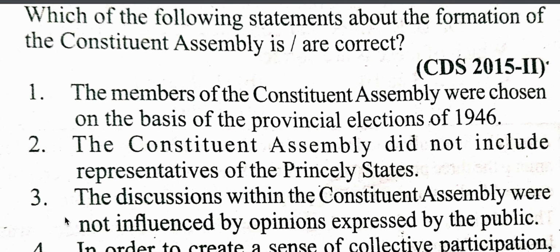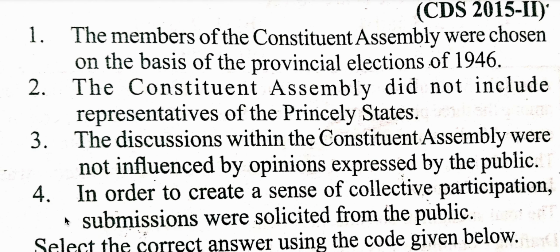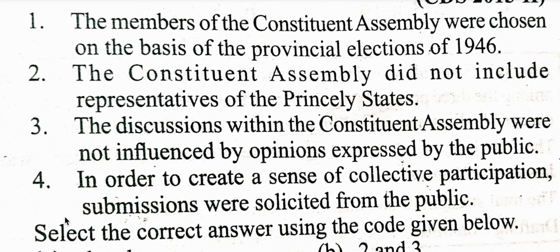15th question, which of the following statements about the formation of the Constituent Assembly is or are correct? First statement is the members of the Constituent Assembly were chosen on the basis of provincial elections in 1946. Second statement is the Constituent Assembly did not include representations of the princely states. Third statement is the discussions within the Constituent Assembly were not influenced by opinions expressed by the public.